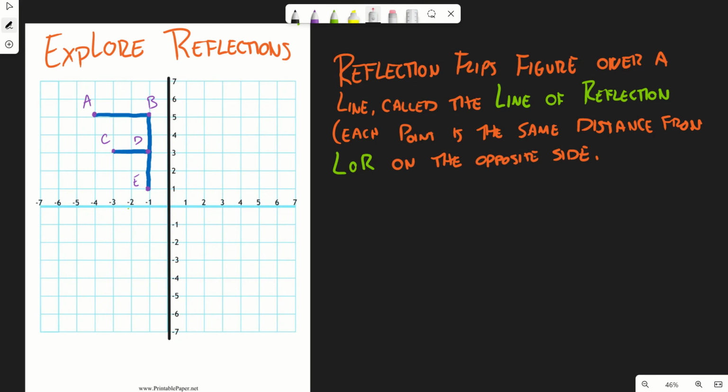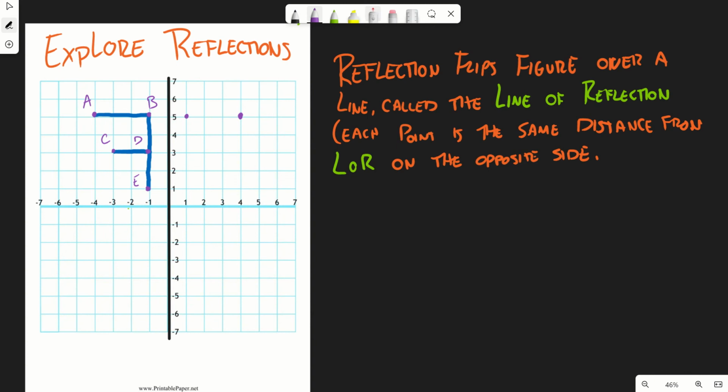Okay, so if I were to take point A, I'll say, okay, here's point A. I am 1, 2, 3, 4 away. So I'm going to go 1, 2, 3, 4 away in the other direction. I'm going to put a point right here. Same with point B. I'm 1 away from my line of reflection, so I'm going to go 1 away and put my point here.